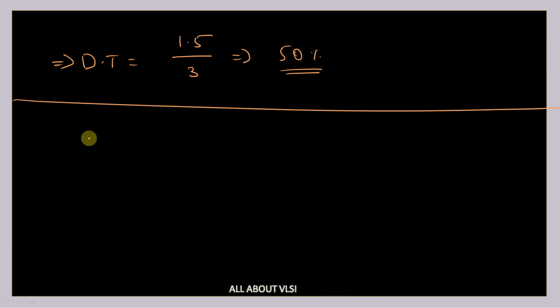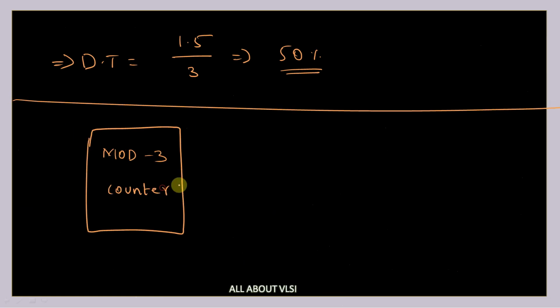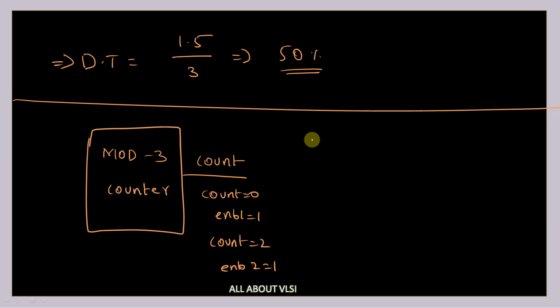I'm going to take a mod 3 counter, which has one output known as count. Whenever your count is equal to 0, enable 1 will be equal to 1, and whenever your count is equal to 2, enable 2 will be equal to 1. This is my positive edge triggered T flip-flop and negative edge triggered T flip-flop.